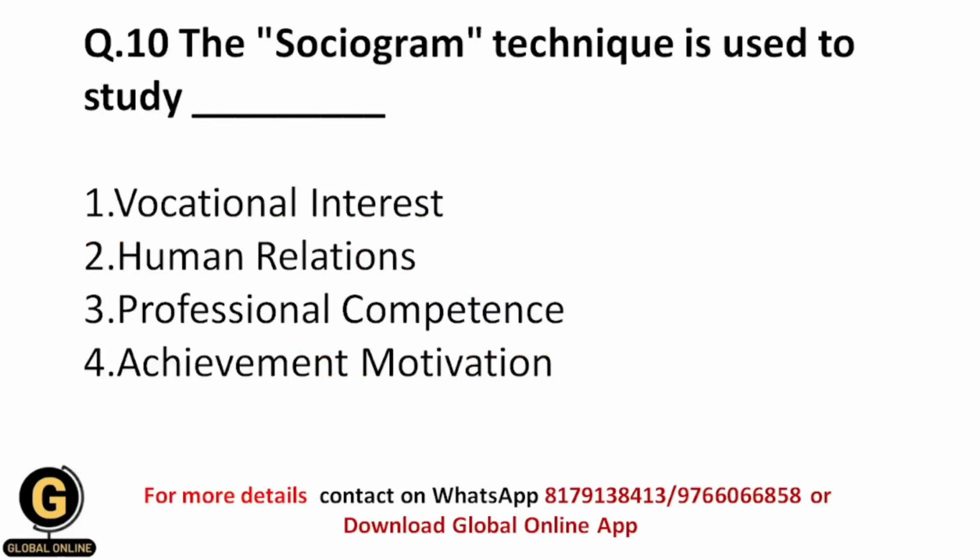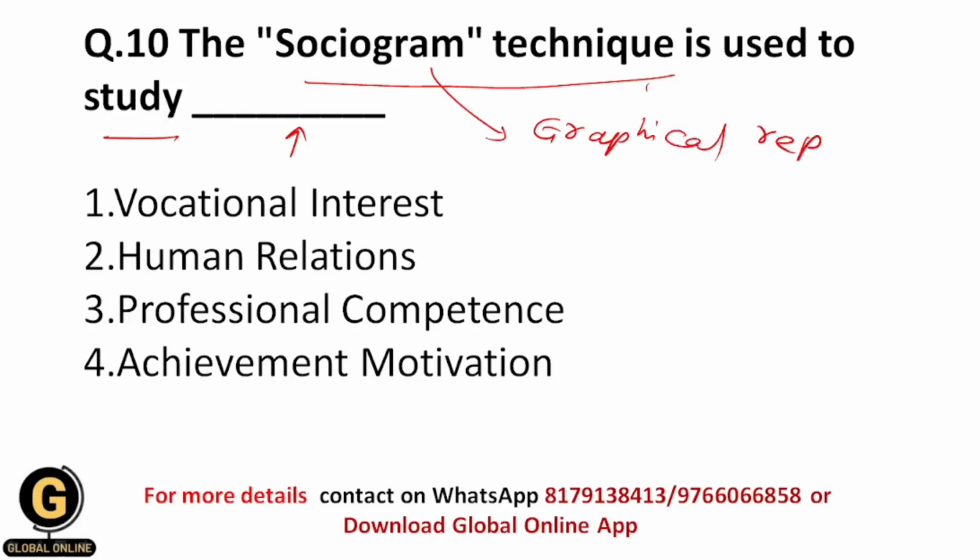Now in this question, the sociogram technique is used to study, and we have to fill this blank. So what is sociogram technique? Sociogram technique is the graphical representation of human relation.